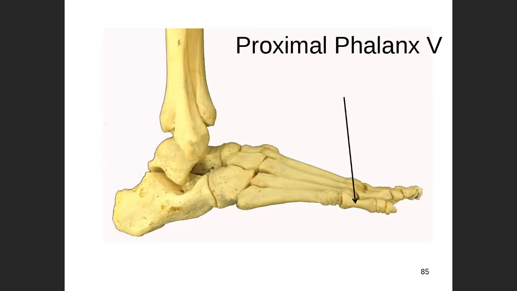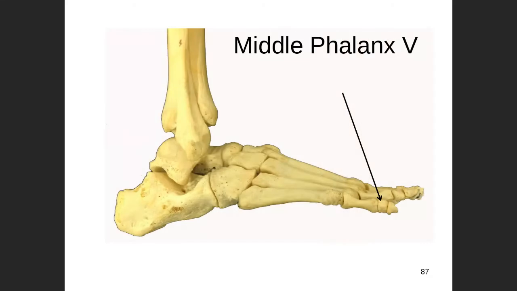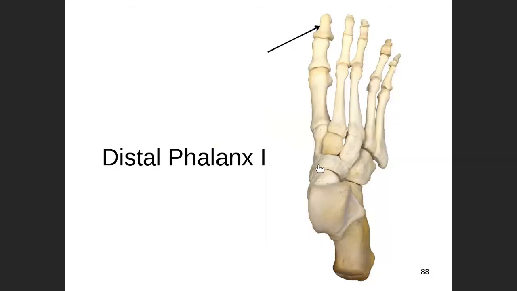Okay, so now for the middle phalanx, there's only 4 digits. So you have middle phalanx 2, because remember your big toe does not have a middle phalanx. So here's middle phalanx 2, middle phalanx 3, middle phalanx 4, and middle phalanx 5. And then here it is from the lateral view. Right there. And then we have distal phalanges for all of our digits.